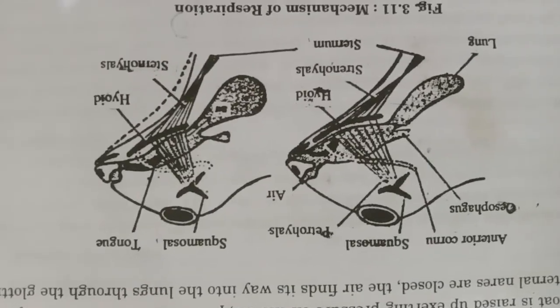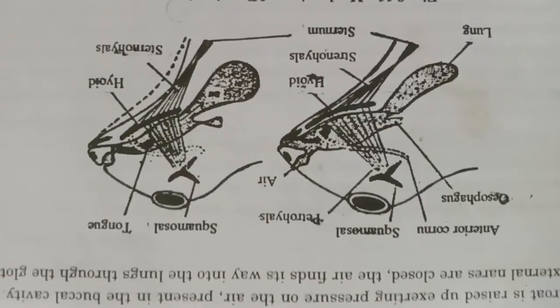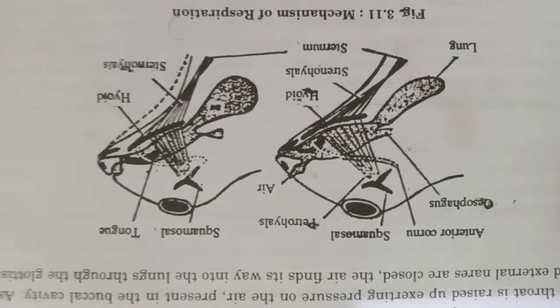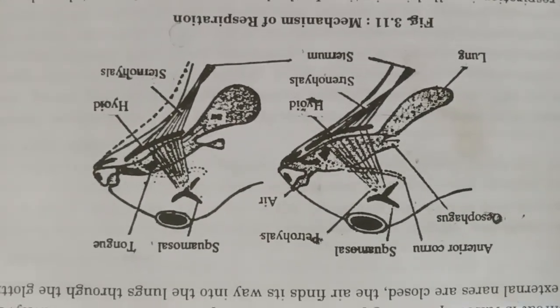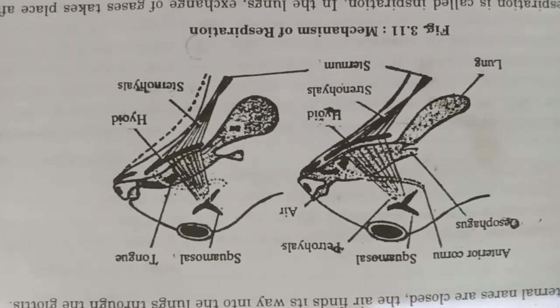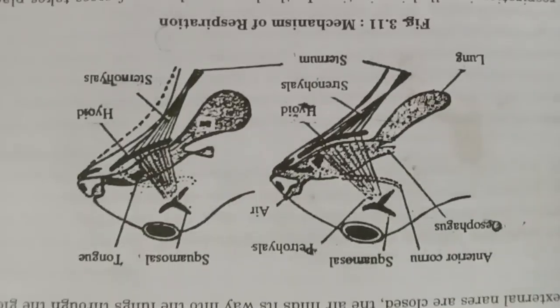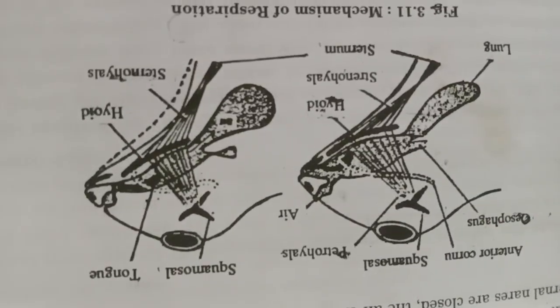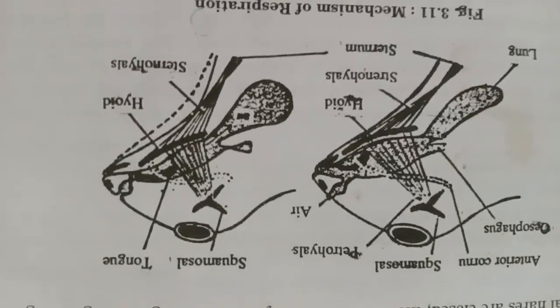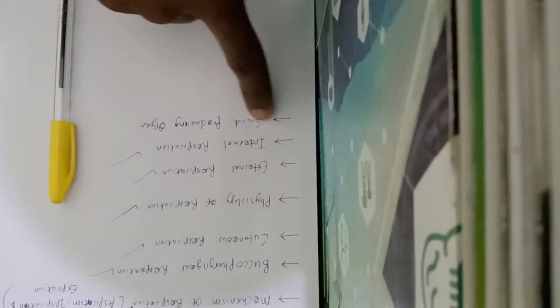These are the parts of the frog: the tongue, the hyoid, sternum, lungs, ear, esophagus, squamosal, anterior column, etc. So freeze frame this now in order for you to have this copy as well. Thank you. So I'm going to proceed with sound producing organs.